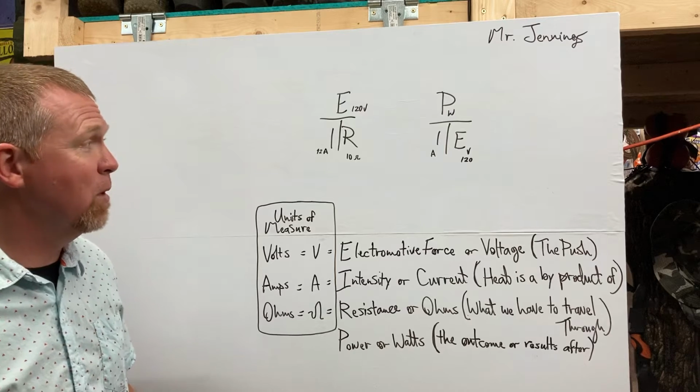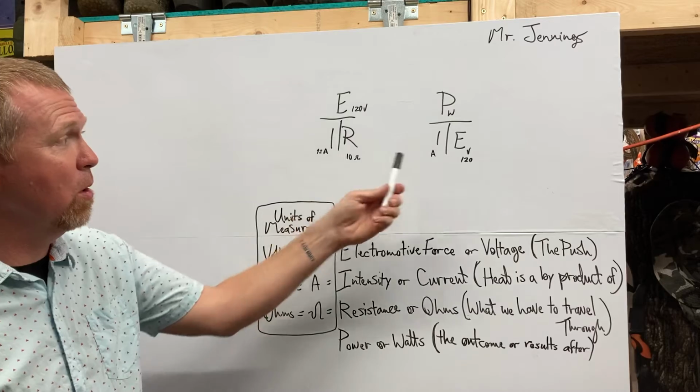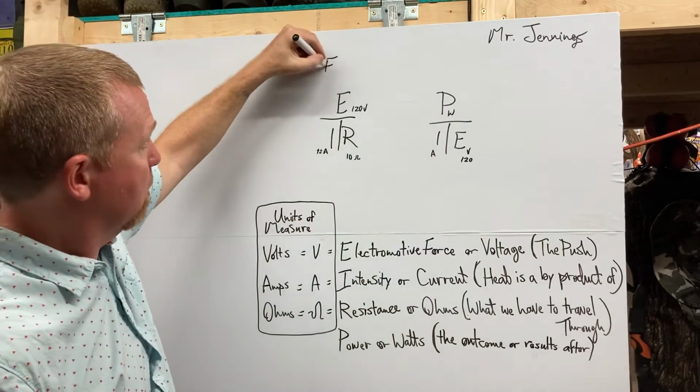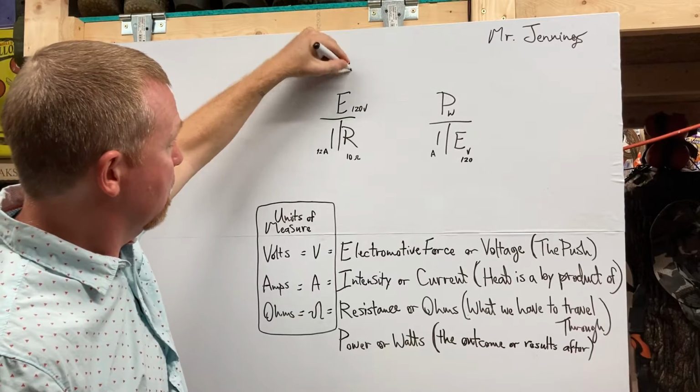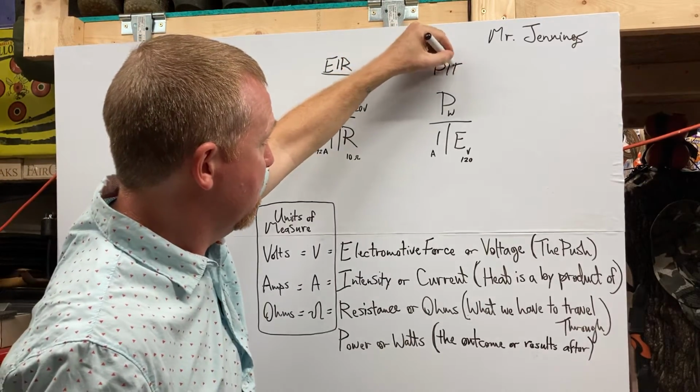And a simple formula that we utilize is, there's two of them, PIE, and it can be written out E I R, that's what we call it, or PIE.